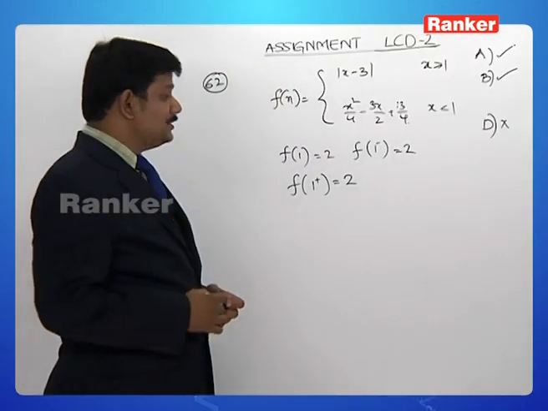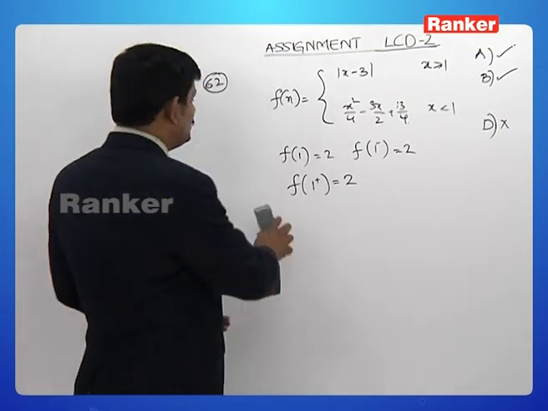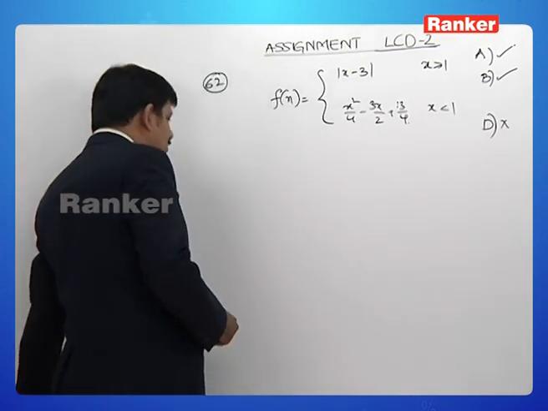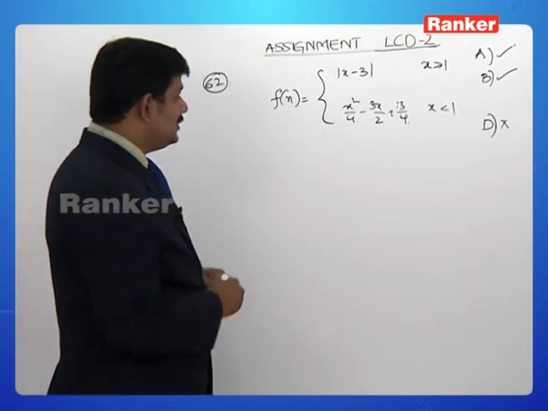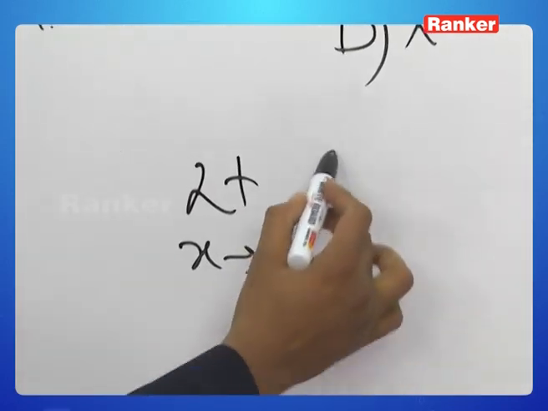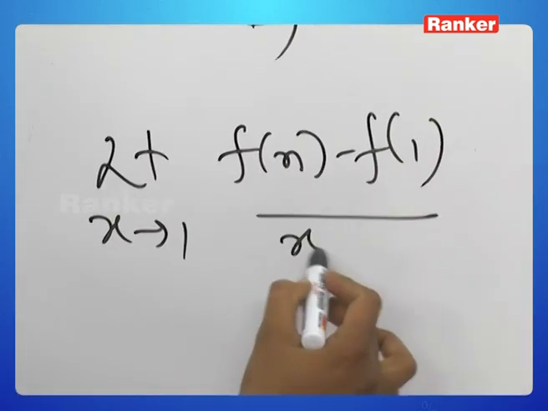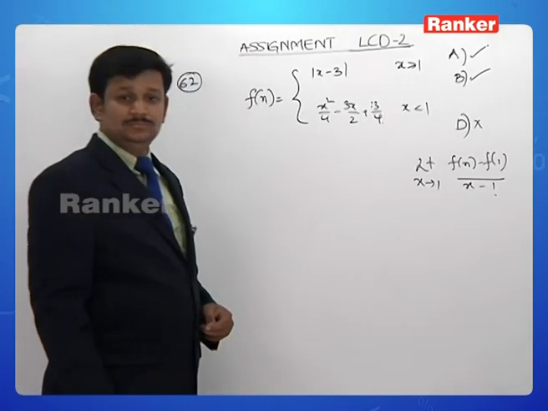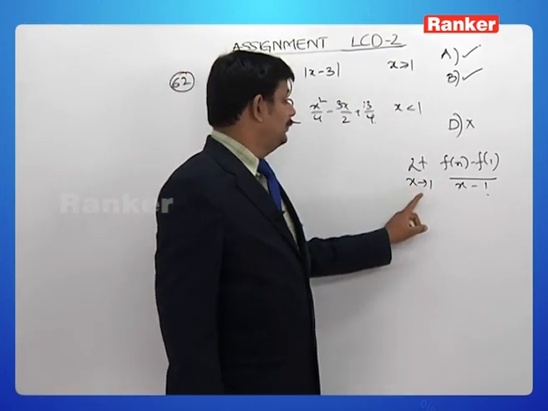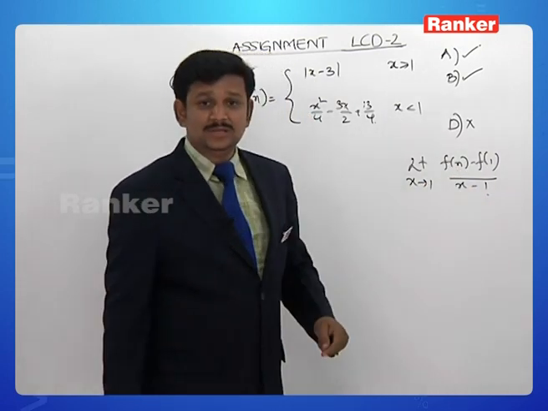Now let us check differentiability at 1. For differentiability, actually we should be evaluating limit x tending to 1, f of x minus f of 1 divided by x minus 1.